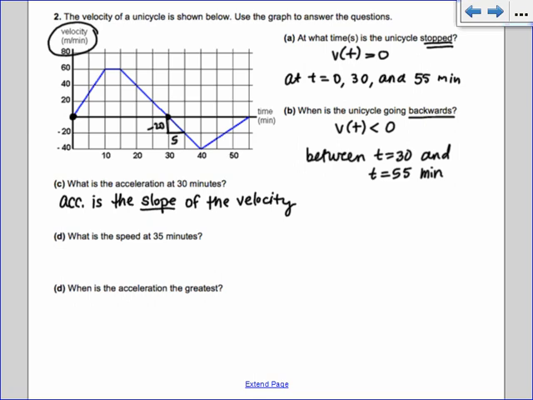So your acceleration at time 30 is going to be -20 over 5. The -20 was in meters per minute, and the 5 was in minutes. So what's your final answer going to be? -4 what? Yeah, meters per minute squared. That's why it's an acceleration. Exactly.